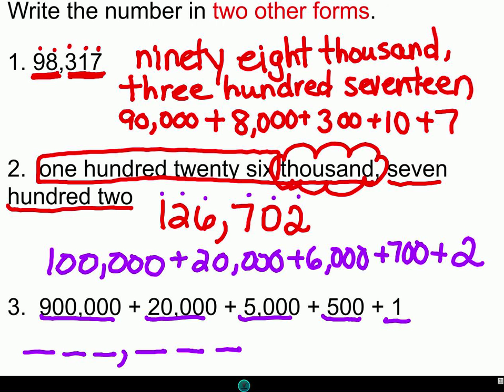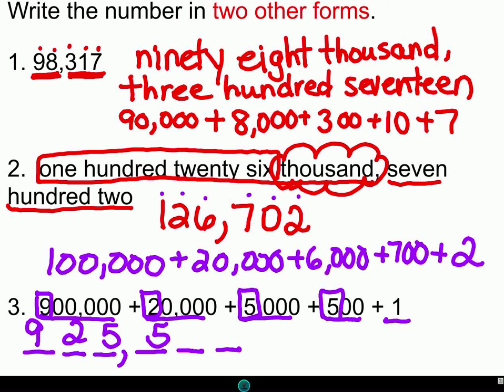Okay? So let me show you how this can work. So, how many 100,000s do we have? We said 900,000s. So the 9 goes in the 100,000s place. How many 10,000s do we have? We have 2. How many thousands do we have? 5. How many hundreds do we have? 5.